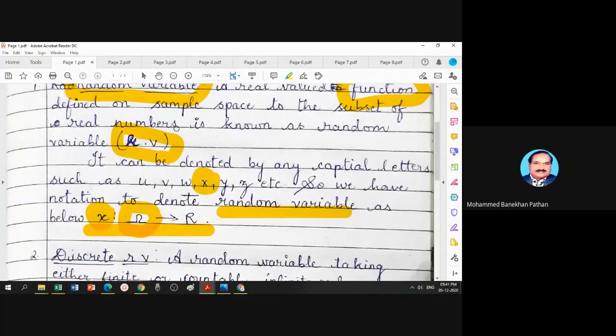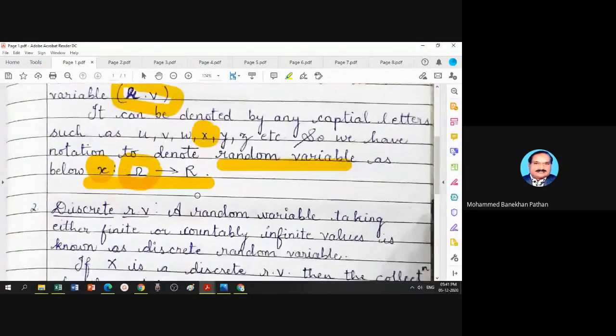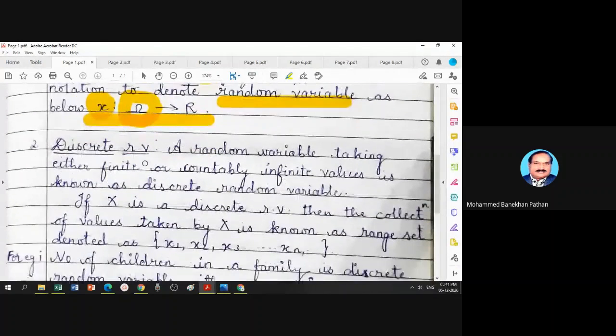In the codomain, the range set, if you get a finite collection of values or sometimes countably infinite values, then the corresponding random variable is labeled as discrete. The dictionary meaning of discrete is a separate collection.